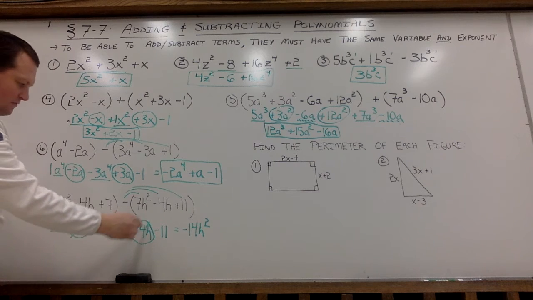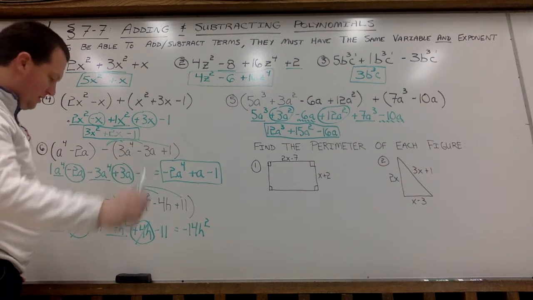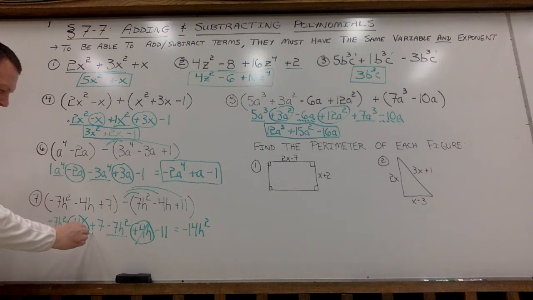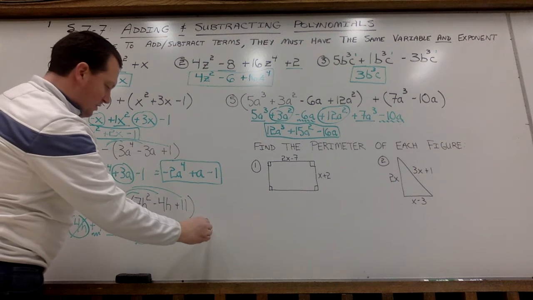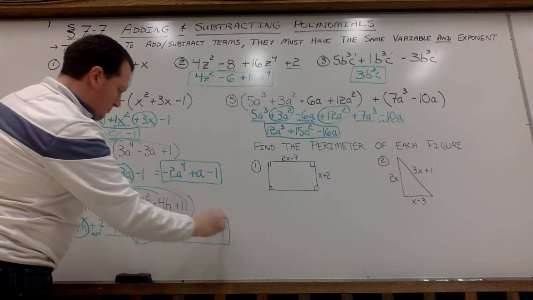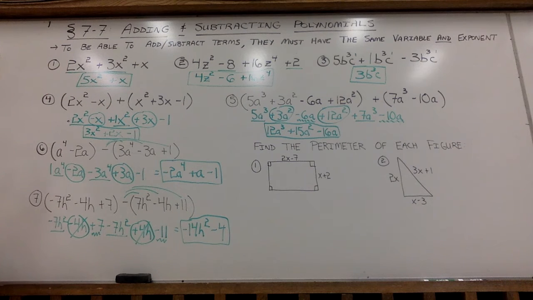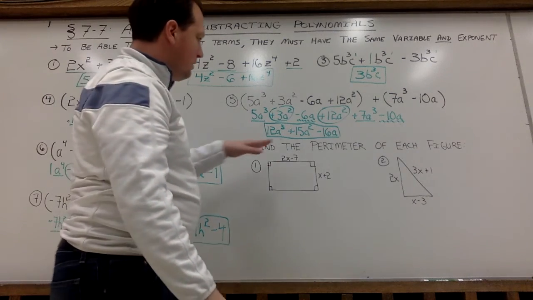Negative 4 plus 4 makes 0 h's, so I don't need to write anything if I have none. And then numerically, I've got positive 7 minus 11. 7 minus 11 is negative 4. So there we have it. Those are your just kind of do it examples of putting your like terms together.